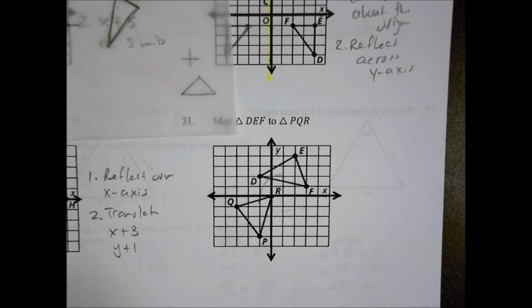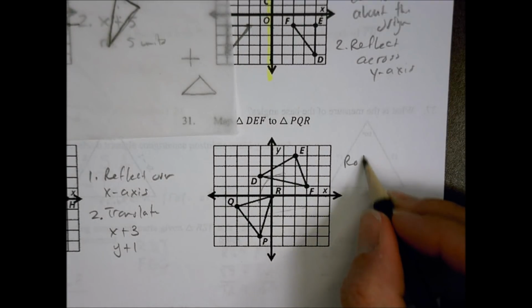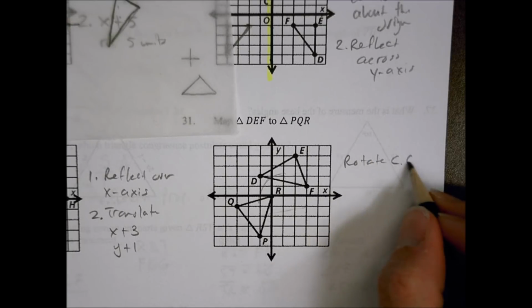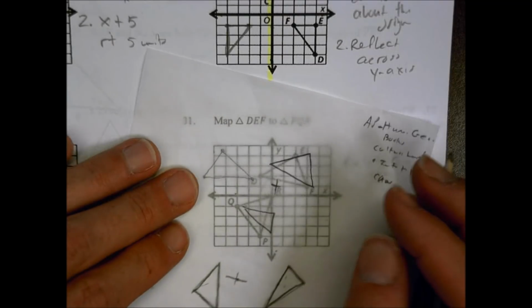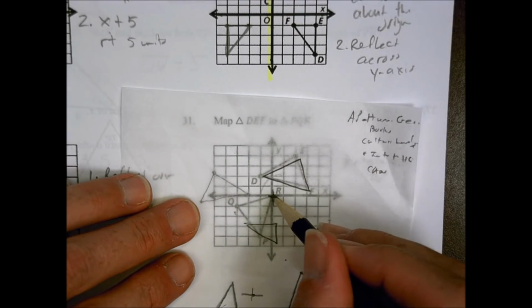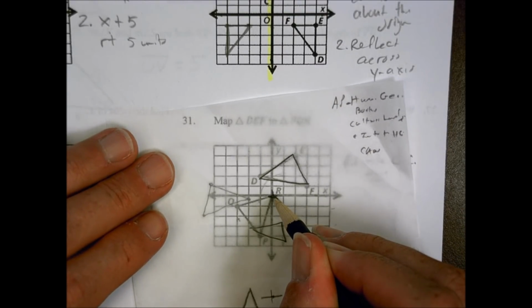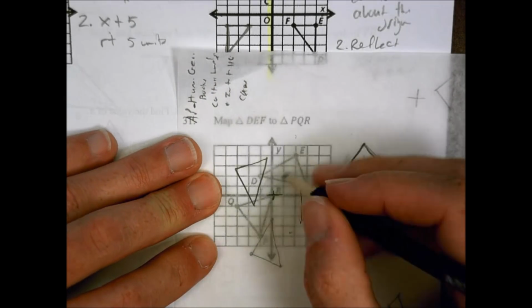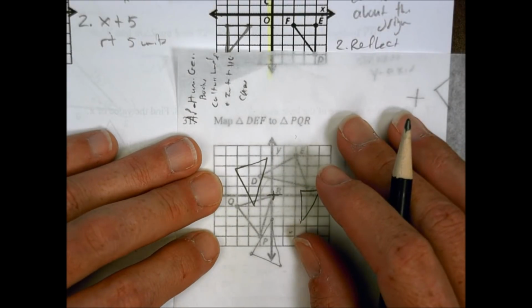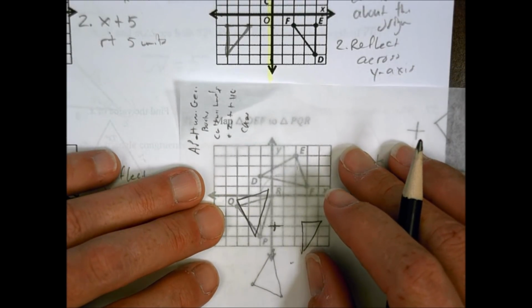One possible idea you might want to consider for this one could be to rotate it counterclockwise about 90 degrees about the origin. So that would be taking our shape and going counterclockwise 90 degrees, this way, about the origin. That seems to get you pretty close in terms of alignment there. And then if we went down 1, 2, 3, we're getting pretty close to where we need to be.